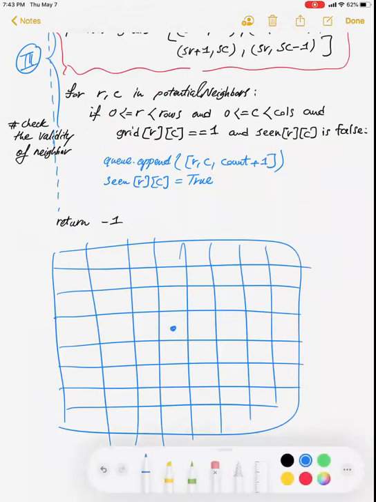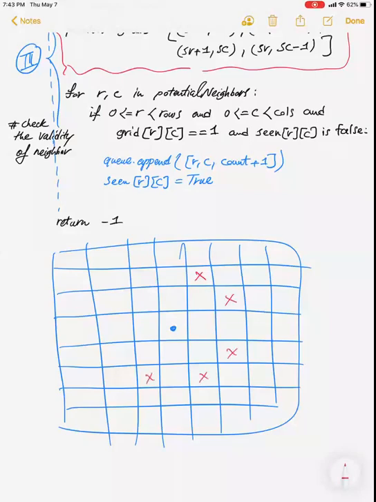The candidates are, if we have a knight, this, this, this, this, this. This is some L movements, right? If we are in the blue dots, we have 8 possible neighbors.